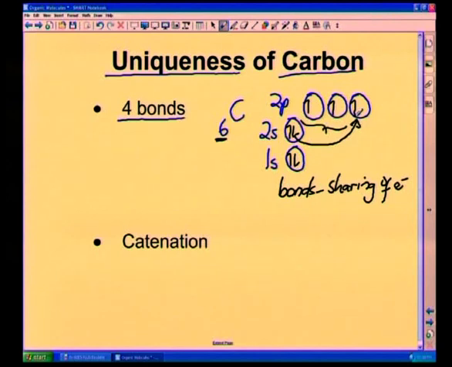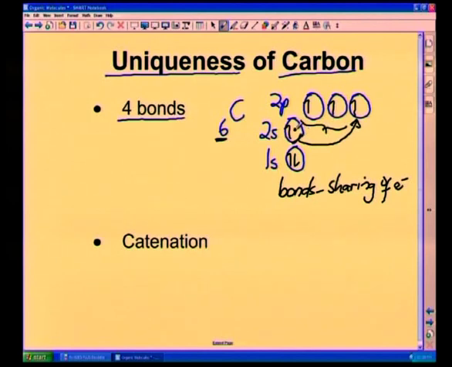What happens then when that occurred? You don't have 2 electrons anymore, but you now have 1 only.